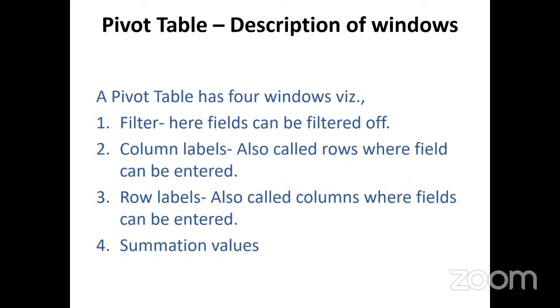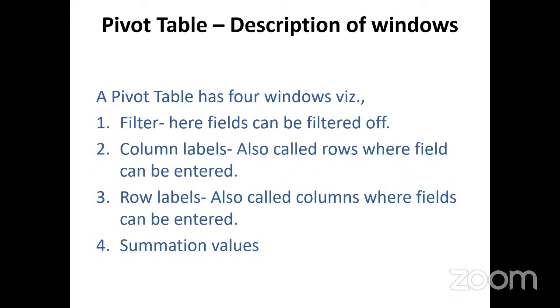Like filter, here you can filter off the fields, which means that if we don't want a particular field to appear in our pivot table, we can just drag and drop that particular field in the filter quadrant or filter window. Then that field will automatically move out of the pivot table.